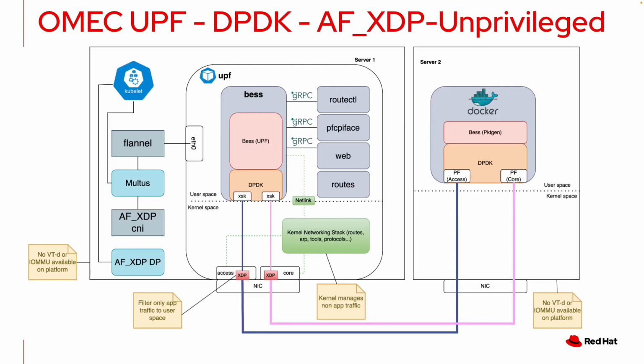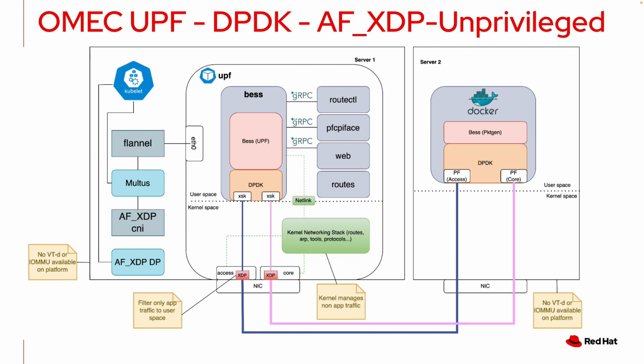And then we showed how you can also migrate to using the AFXDP device plugin, as well as the AFXDP CNI, to launch a DPDK AFXDP pod that is unprivileged inside Kubernetes.